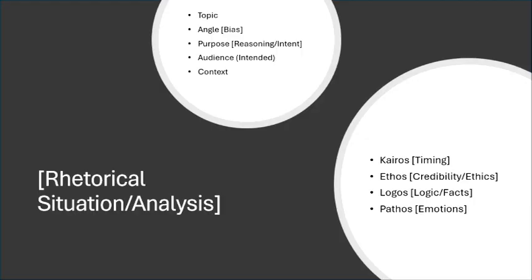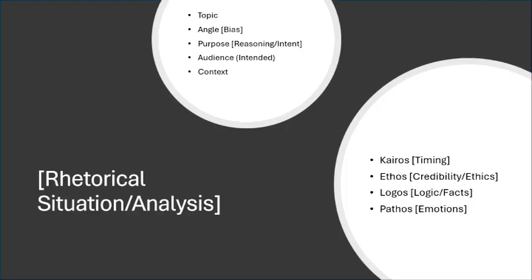These are things that most arguments will feature in some way, shape, or form. The rhetorical appeals, which is KELP, on the right-hand side, are the ways that the author tries to appeal to their reader, trying to get them to care about whatever it is they're writing about. Rhetorical analysis is important because it's how arguments work. And so we want to make sure that we know what we're doing.